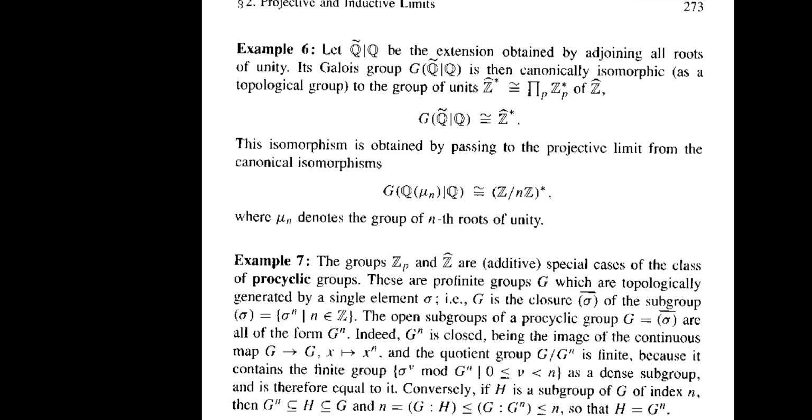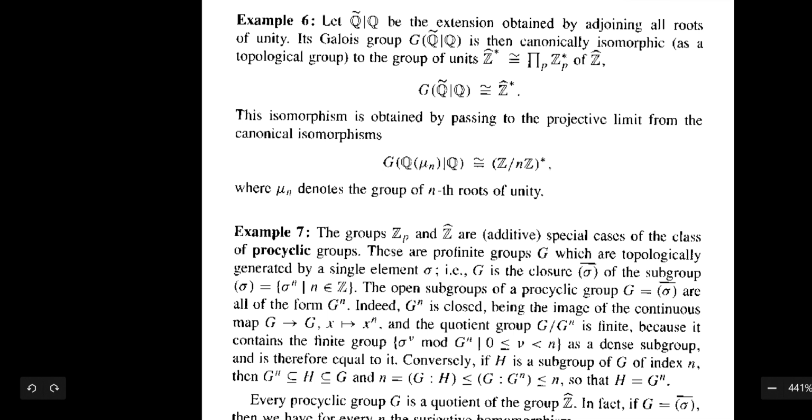Many more examples you see. Okay, so this is what we discussed: joining all the roots of unity. What we look at, all the p-th roots of unity, is this part, which however is a product of this.